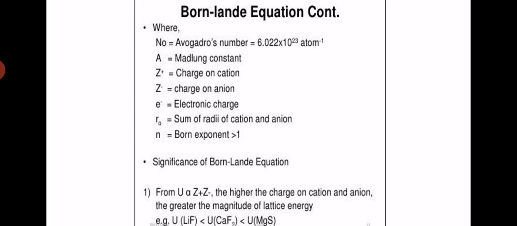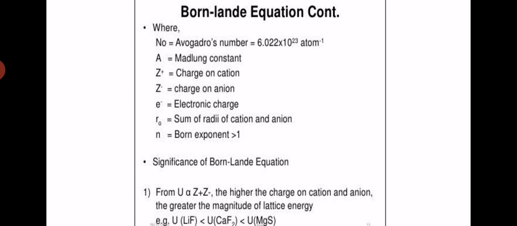Z plus is the charge on the cation, Z minus is the charge on the anion, e is the electronic charge, r naught is the sum of radii of the cation and anion. n is the Born exponent, which is greater than 1. So these are the notations we are using in the Born-Lande equation and their meanings.